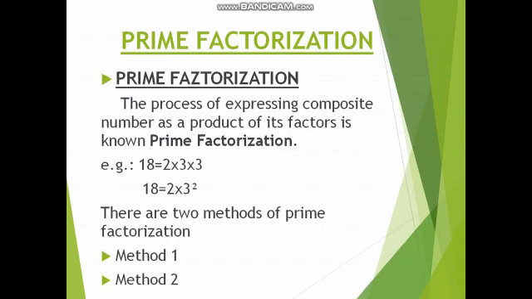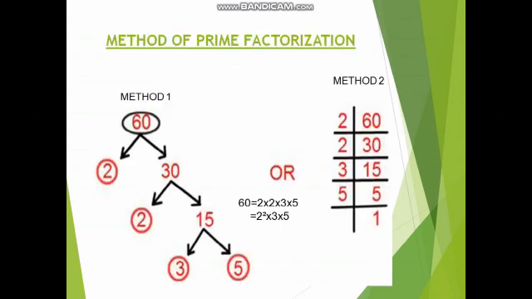The numbers by which you are dividing are called its prime factors. There are two methods of prime factorization, method 1 and method 2. In method 1, you divide the number by one number multiple times, and after getting a number that is not divisible any more by that number, you start dividing by the next number.